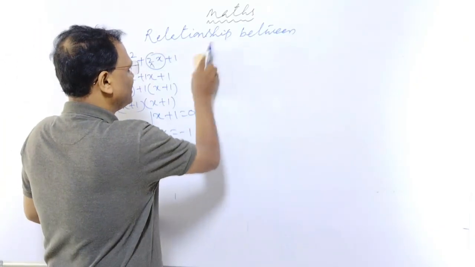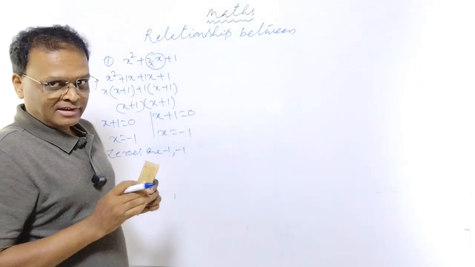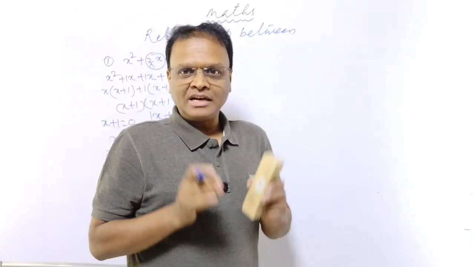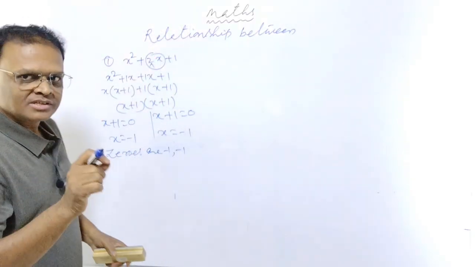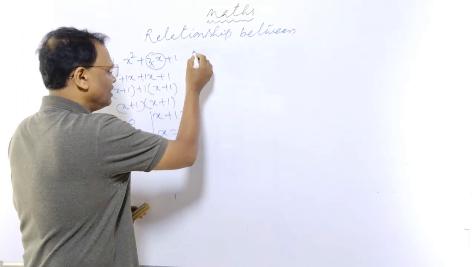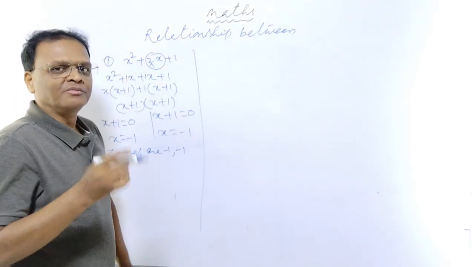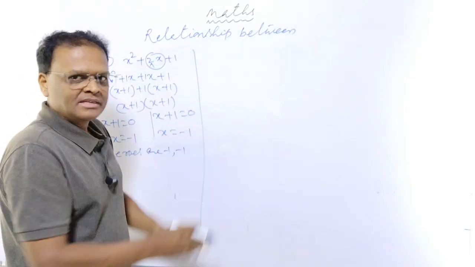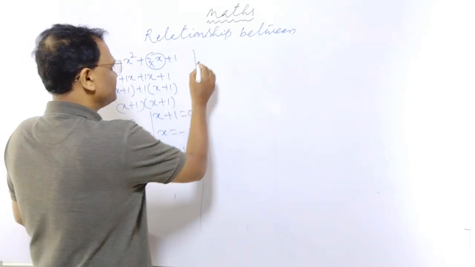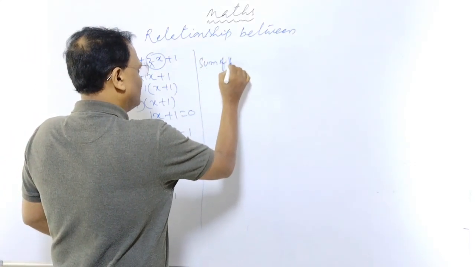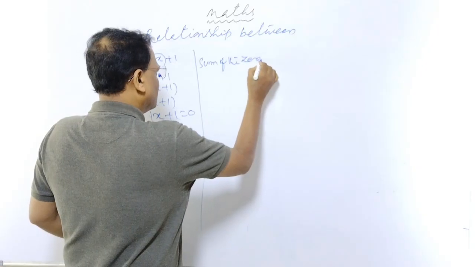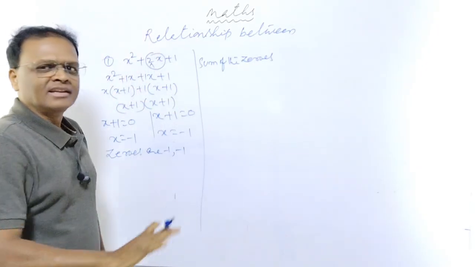Now I will verify the relation between zeros and coefficients. For that, what I told you is very simple: first I will take the sum, second the product. Sum of the zeros. This is the only technique, nothing else.